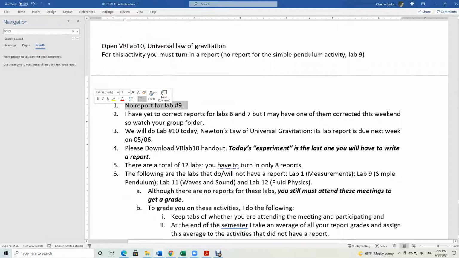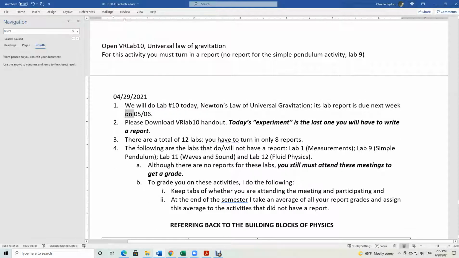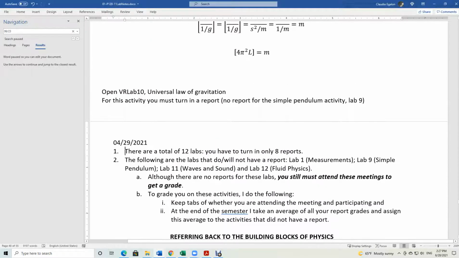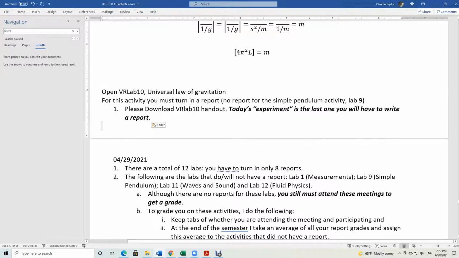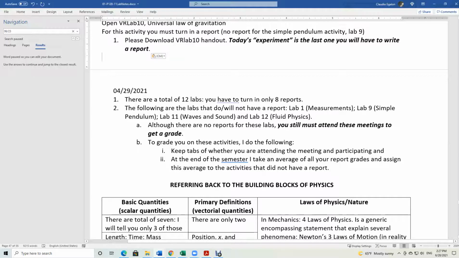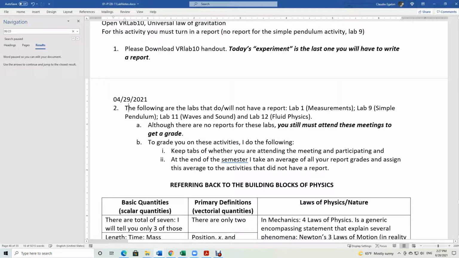I'm not going to repeat that because I already wrote it down. I already told you when this one is due. Please download the Virtual Lab 10 handout. You have just a reminder, right?